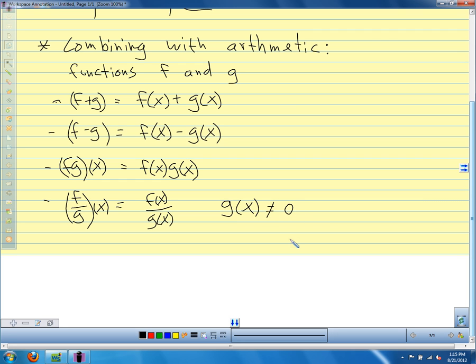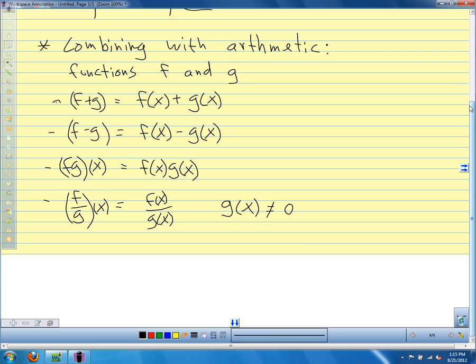We don't want to divide by 0. A lot of times the problems in our homework will ask us to combine these functions and find their domain. When we're dividing functions, part of our domain restriction could be where the denominator is 0, where g of x is 0. We don't want to divide by 0. That gives us a problem.